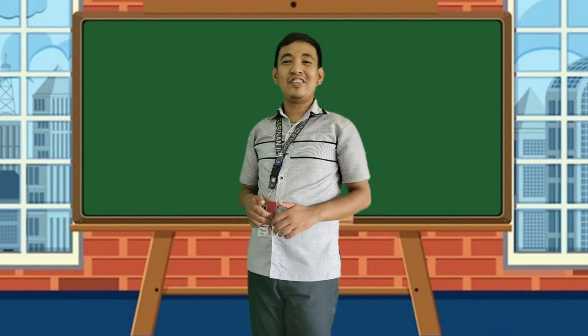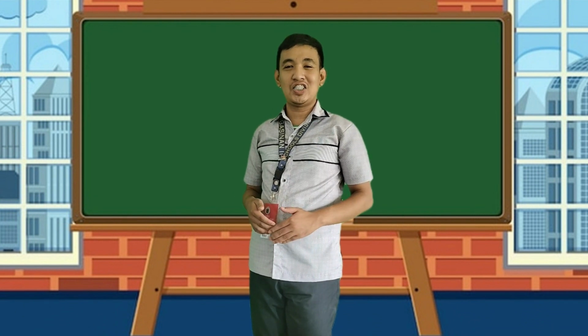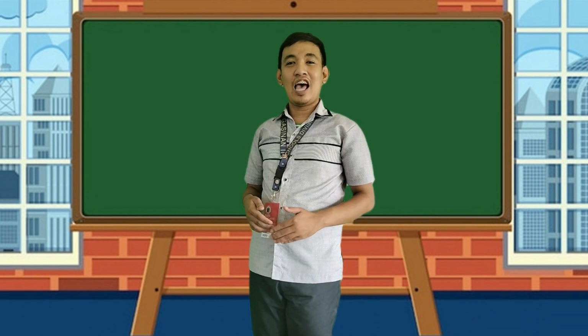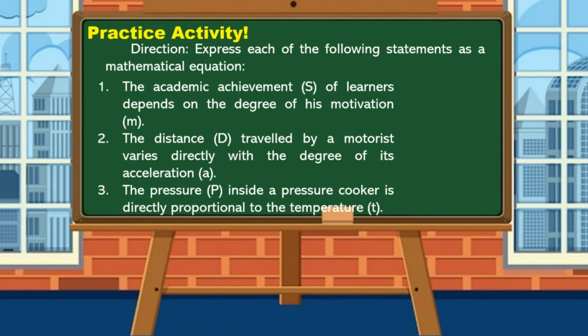I believe that you already learned the concepts of direct variation. Now, let's have this practice activity. Express each of the following statements as a mathematical equation. I will give you a minute to answer this activity.